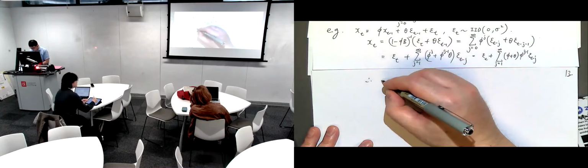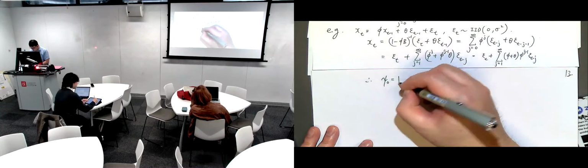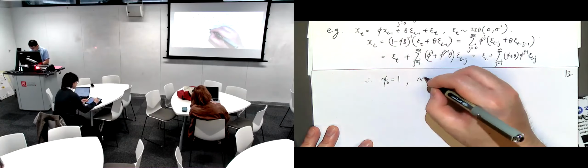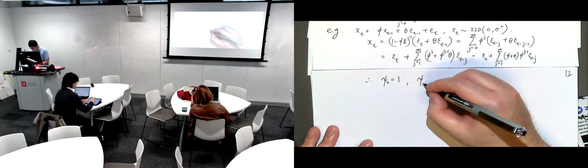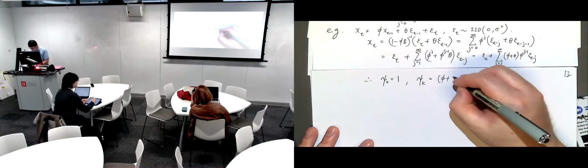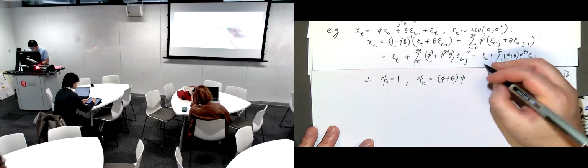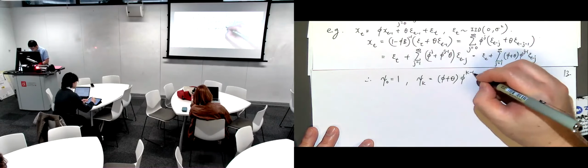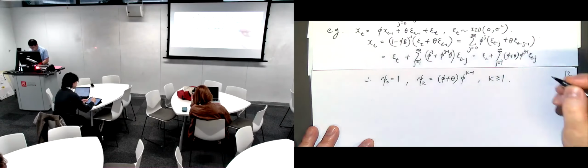So therefore, your psi_0 is 1, and your psi_k is (phi plus theta) phi to the k minus 1 for k at least 1, right?